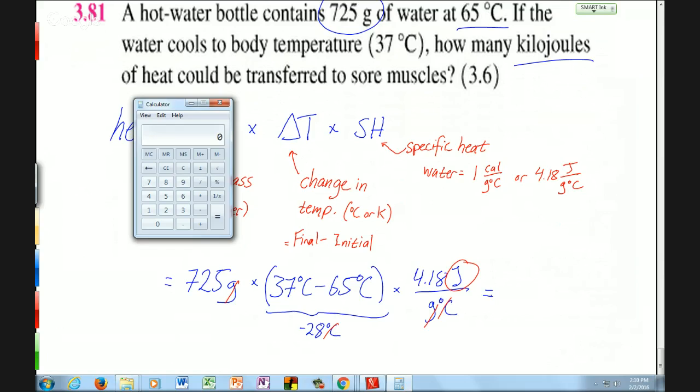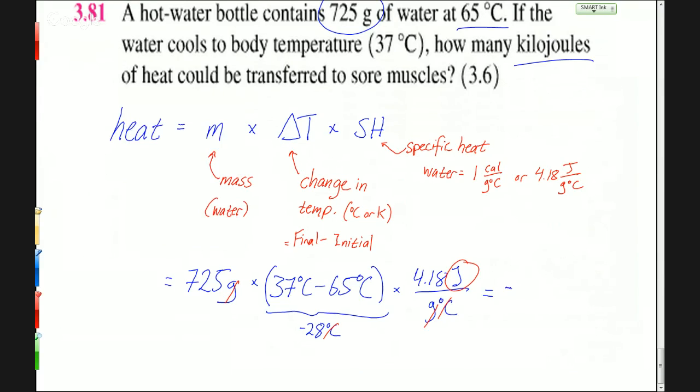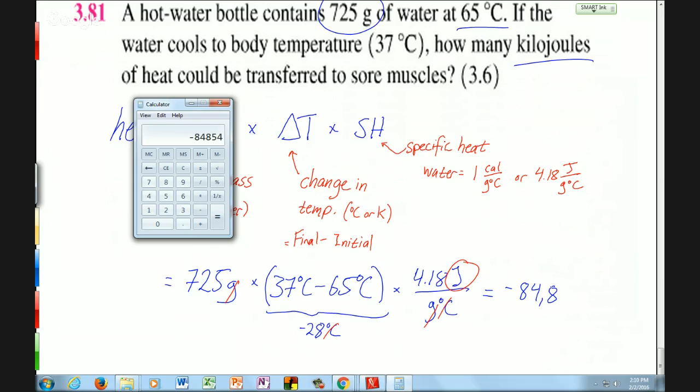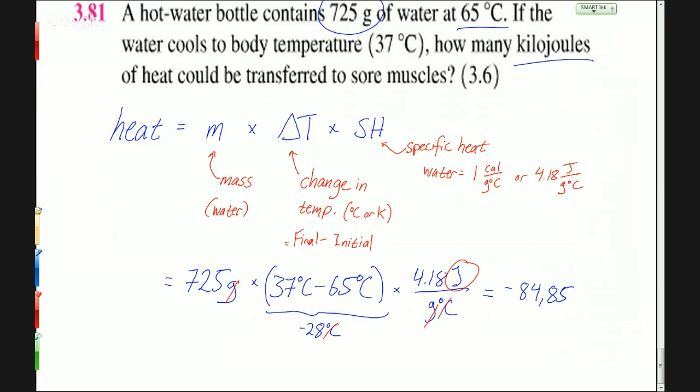Calculate this out. That's 725 times negative 28 times 4.18. I'll just round it off here.